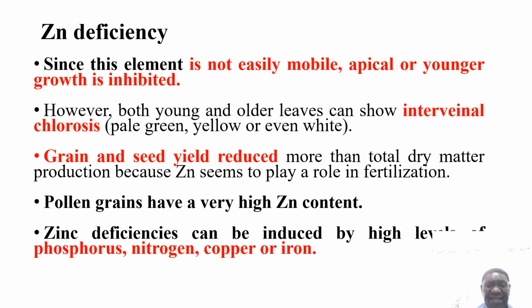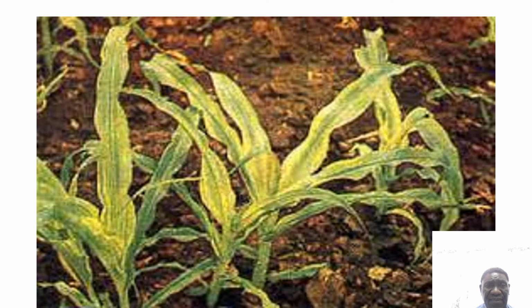Now, zinc deficiencies can be induced by high levels of phosphorus, nitrogen, copper, or iron. This is a maize plant showing zinc deficiency.